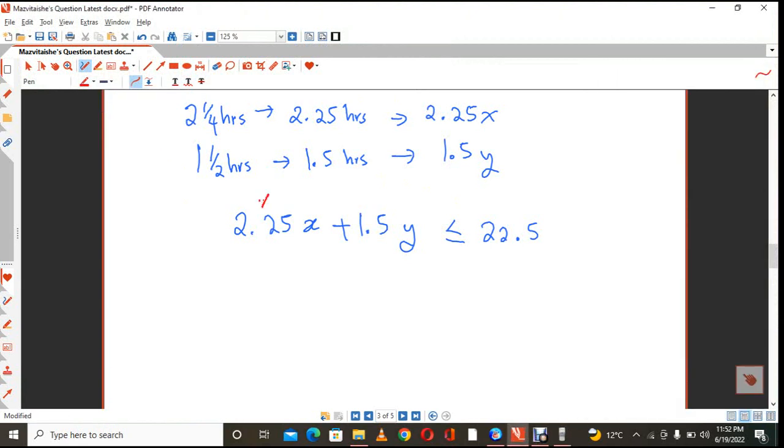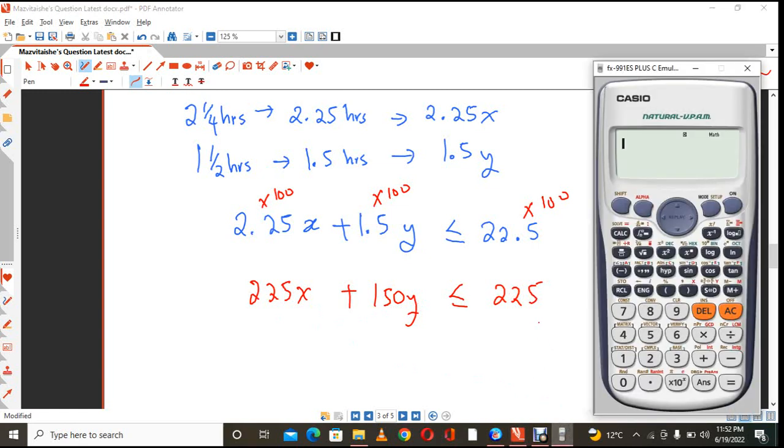Let's bring in the red. I'm going to multiply this by 100, so it becomes 225x. Also multiply this by 100, so it becomes 150y. And I'm also going to multiply this by 100, which becomes 225. If you look at these numbers, you would see that all of them can be divided by 5, and in fact by 25.